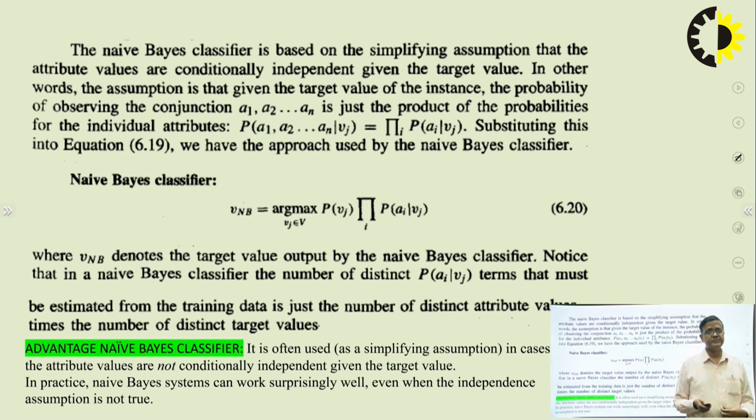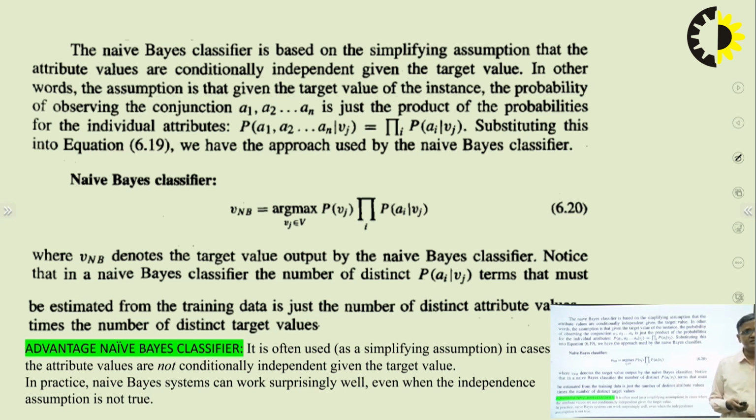If we substitute this term with the product of the probabilities for the individual attributes, then we get the naive Bayes classifier, which is VNB, and which is equal to argmax of P of Vj into the product of the probability of the individual attributes given the Vj value.